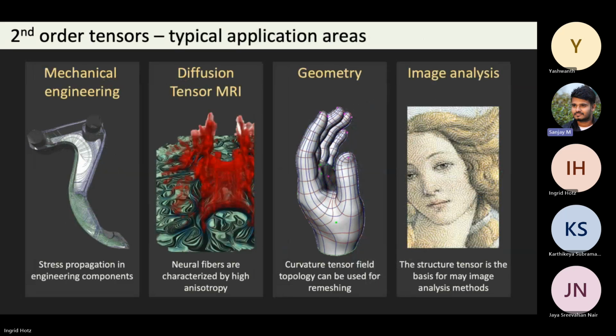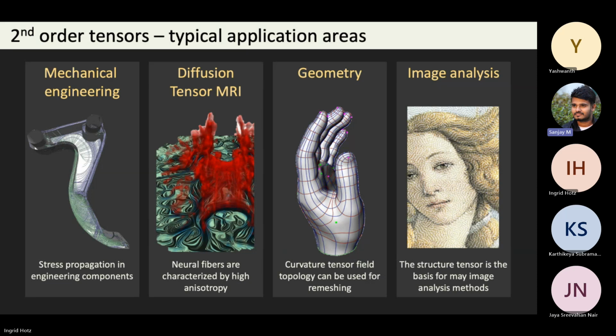So these are the applications that we have been looking at. The strongest is by far mechanical engineering. We are looking into simulations of stress propagation. Here, for example, this is a hand brake lever from a bike, and you see these lines are supposed to show the stress propagation inside the brake lever.